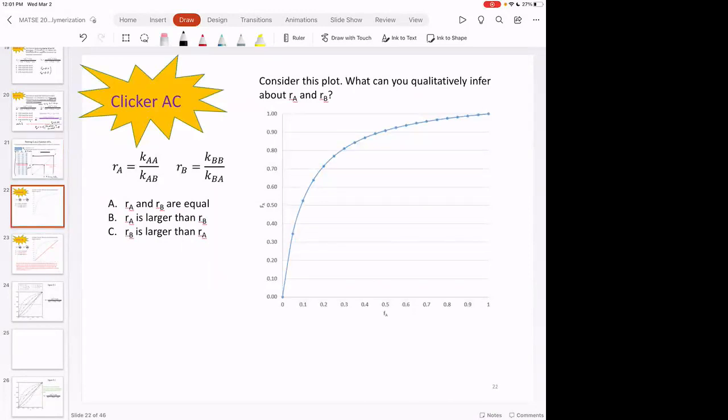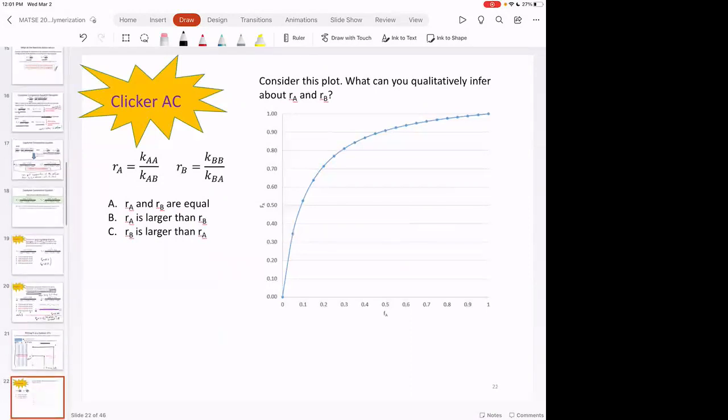And so here's our last clicker question of the day. What if I have a plot like this? So this is Fa, exactly the same axes as I showed you before. Here's Fa here, and if I put in 0.5 Fa, wow, I'm getting a lot of A in the polymer.